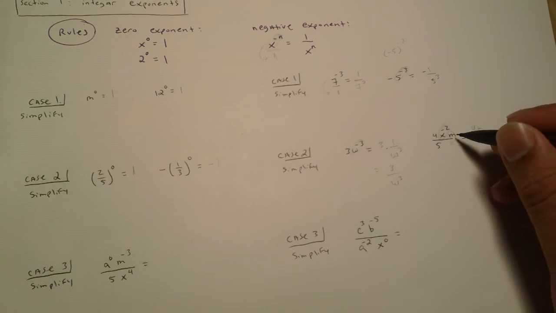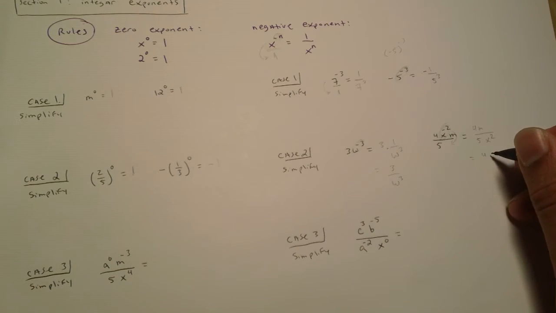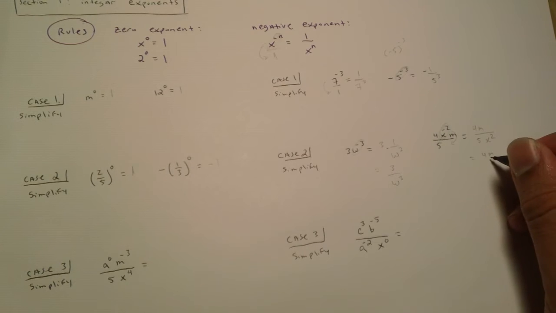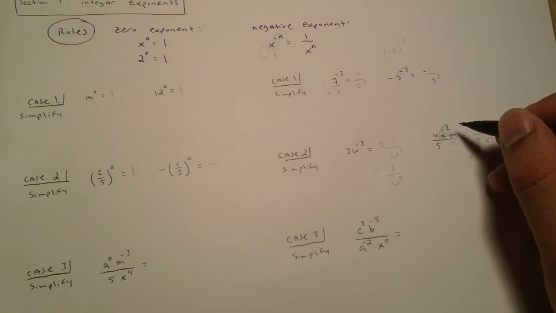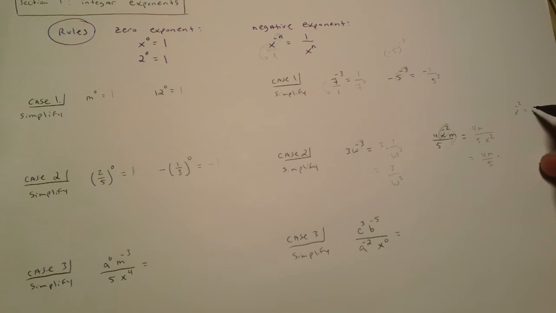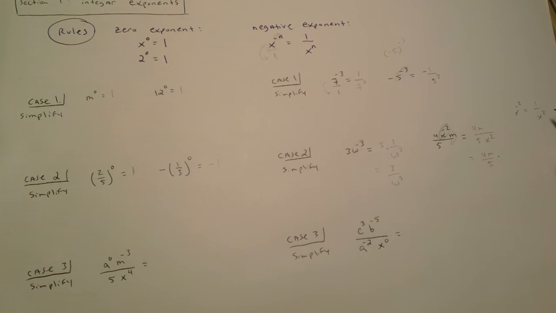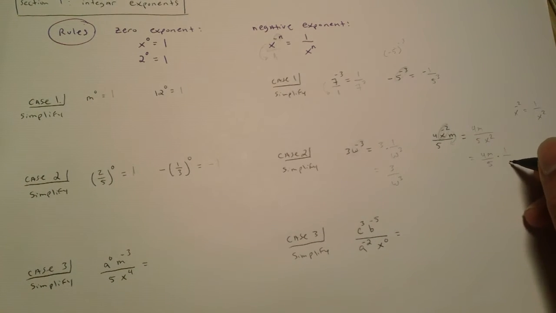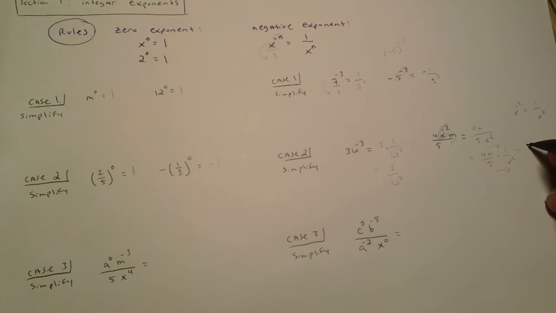If you're confused on how I reached this point, another way to say it is: what's left over on top is 4m over 5 times x to the negative 2, which according to our rule equals 1 over x squared. So we could just multiply these two fractions across, and then we have 4m over 5x squared. Can everybody see that? Okay.